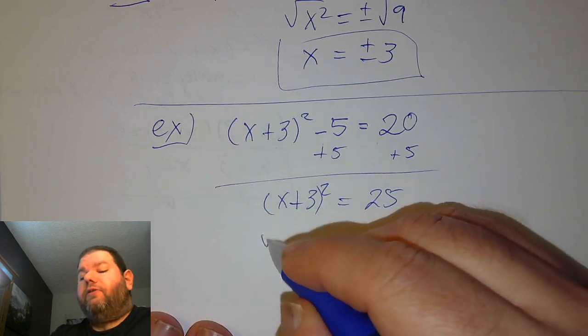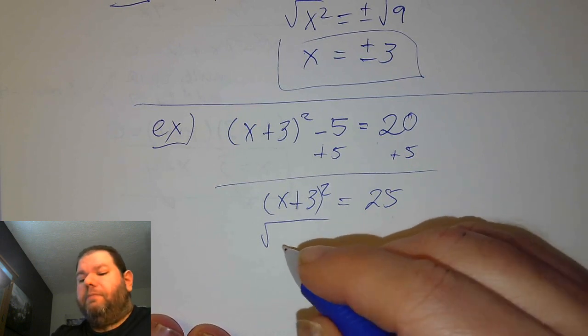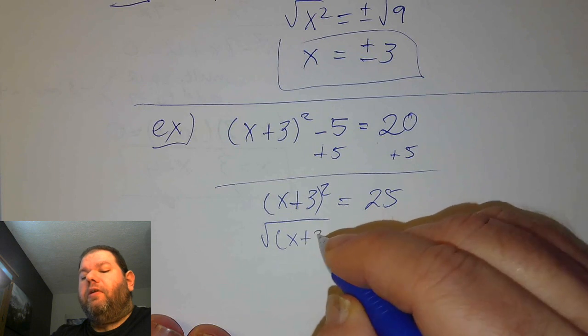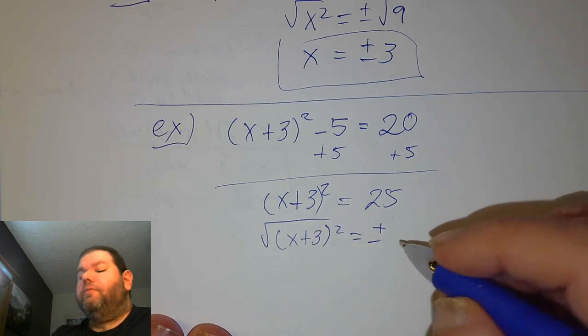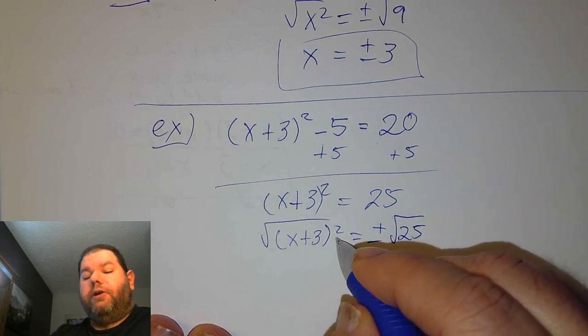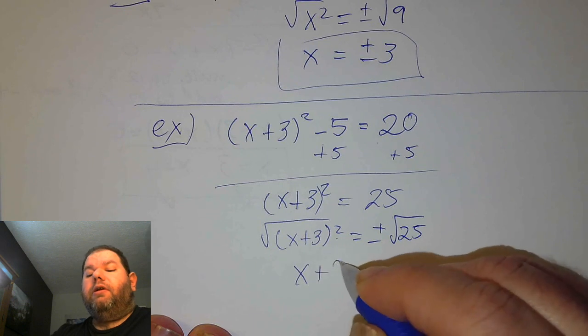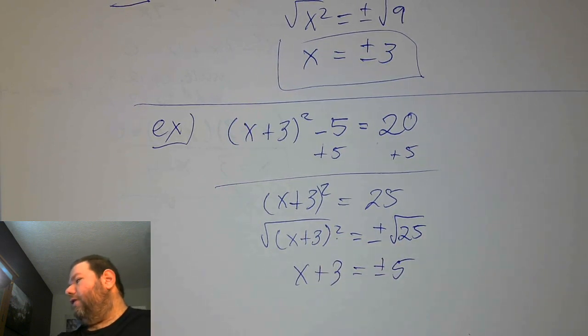Yeah, we can take the square root on both sides. And that actually gets rid of the square on the x plus 3, and we just have plus or minus 5 on the right hand side.